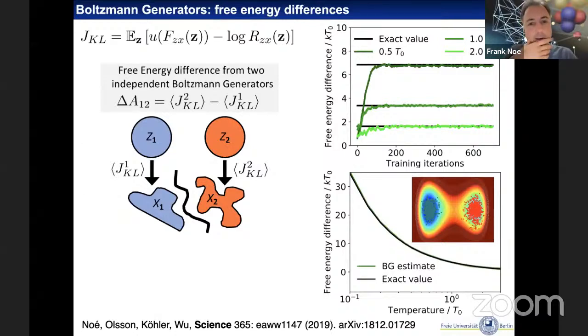Okay, so what else can we do with that? The loss function that I've just shown you is actually already giving you a variational free energy, as I told you. So you can directly use that in a fun way. You can do the following. You can take two distinct parts of state space.